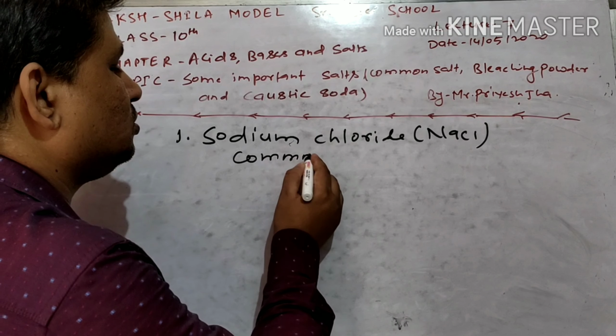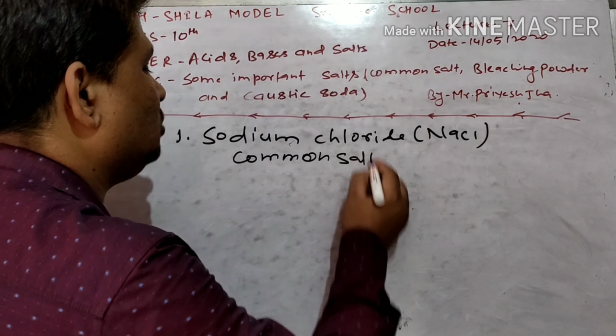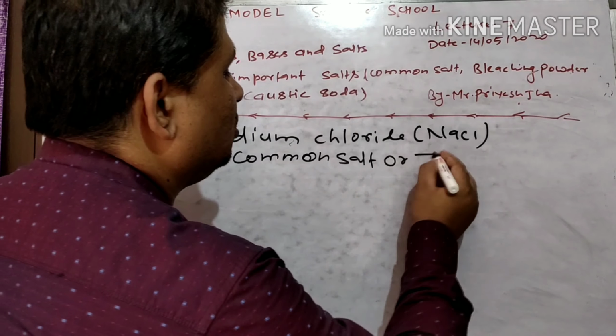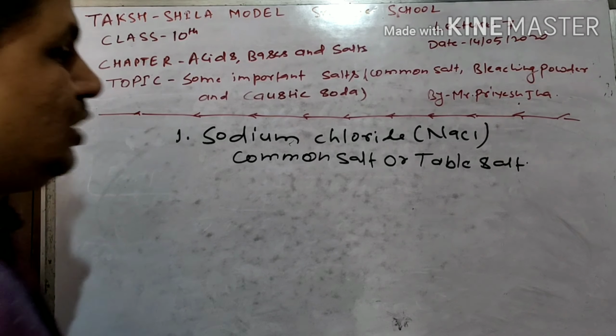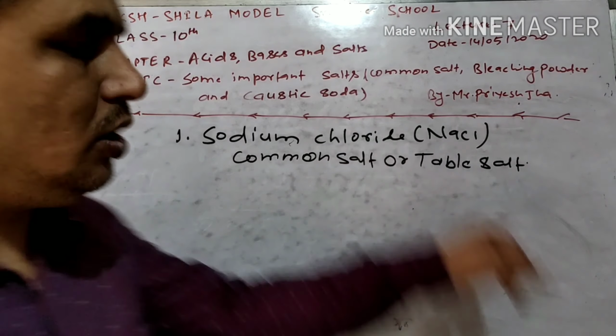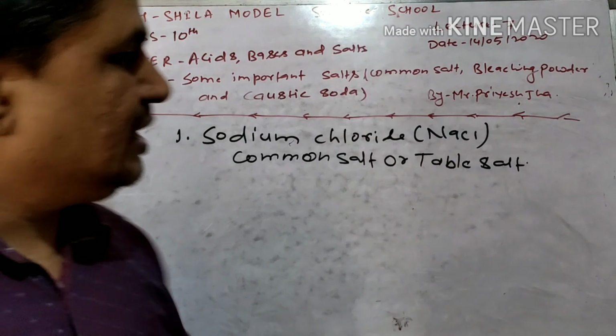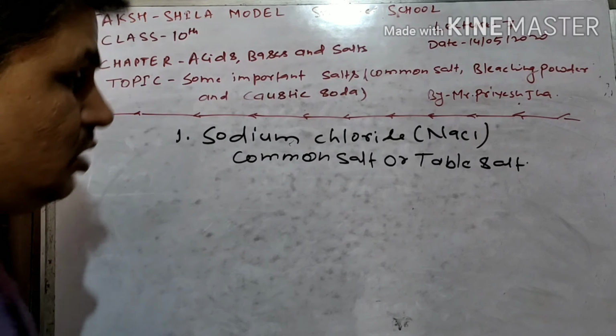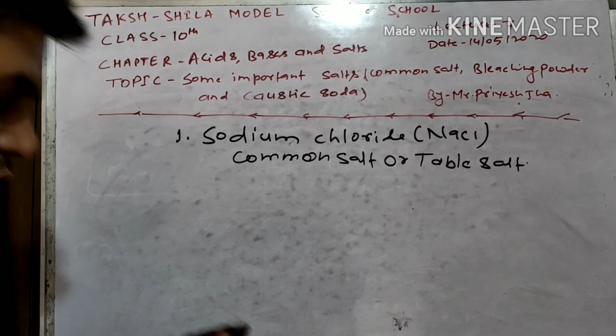It is also known as common salt or table salt. So, the common name of sodium chloride is common salt or table salt, and its chemical formula is NaCl. First of all, we learn how sodium chloride forms.